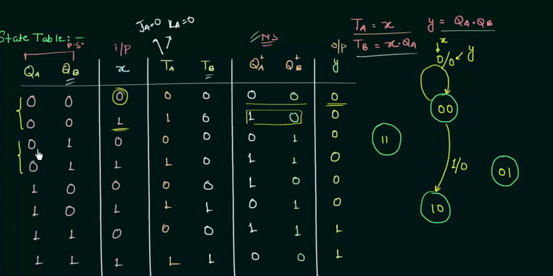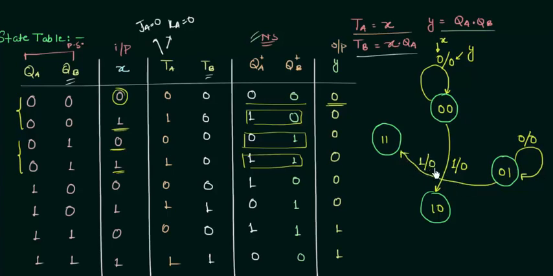Now we will see these 2 cases. When I am on S1, 0 1 is my S1, and if the input is 0, I am going to be on 0 1, that's the same state for input equal to 0 and the output is also 0. When input is 1, I will be on 1 1. 1 1 is S3, when input is 1 and output is 0.